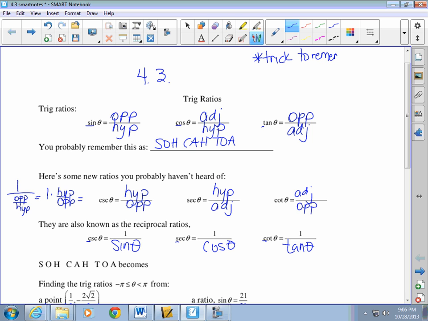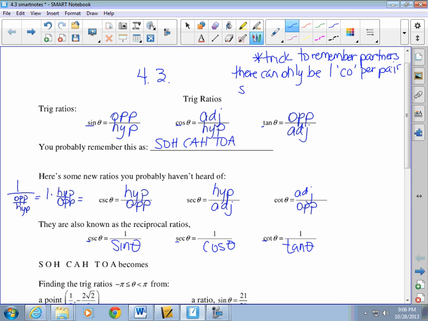So a trick to remember, partners I'll call it, is that there can only be one co per pair.